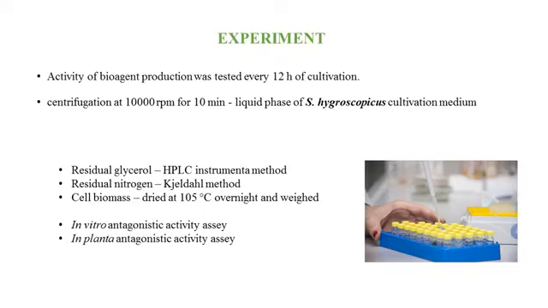Activity of bioagent production was tested every 12 hours of cultivation, and the cultivation liquid was centrifuged at 10,000 rpm for 10 minutes, and only the liquid phase, actually the supernatant of Streptomyces hygroscopicus, was used for determination of residual glycerol by an instrumental method, high performance liquid chromatography, also residual nitrogen determination using the Kjeldahl method, but also for determination of cell biomass.